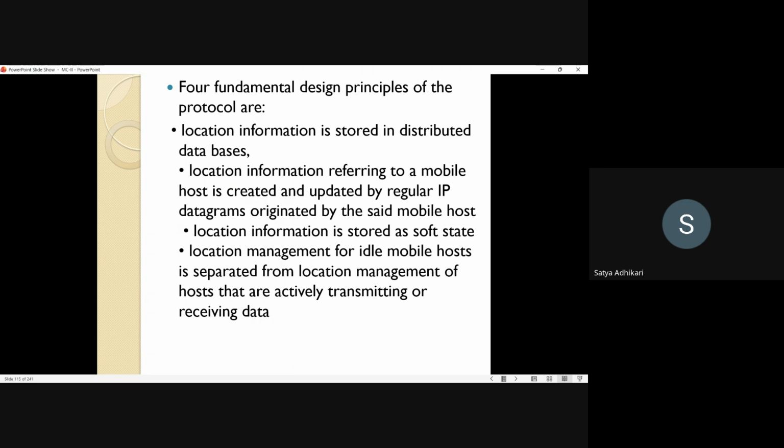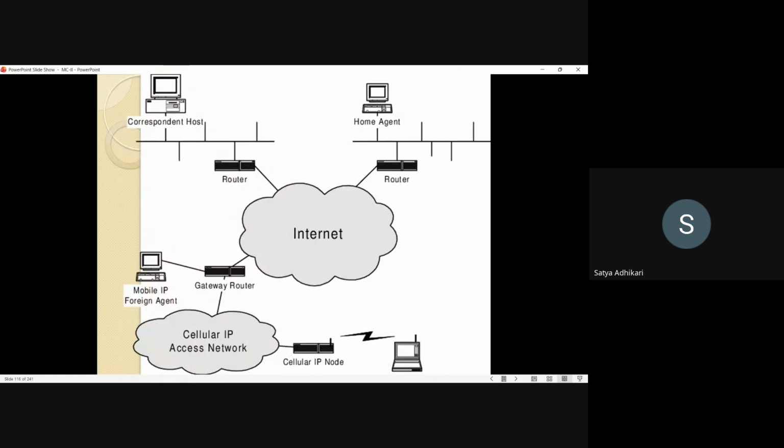Location information is stored as soft state. Location management for idle mobile hosts is separated from location management of hosts that are actively transmitting or receiving data. So if a large number of nodes are changing location very fast, cellular IP performance is better than mobile IP.